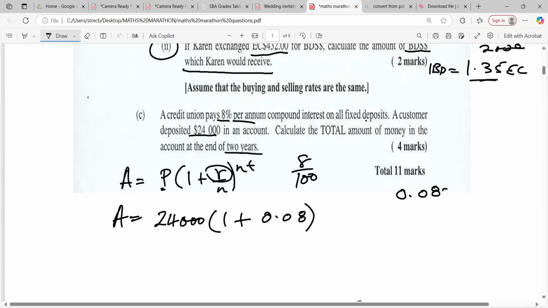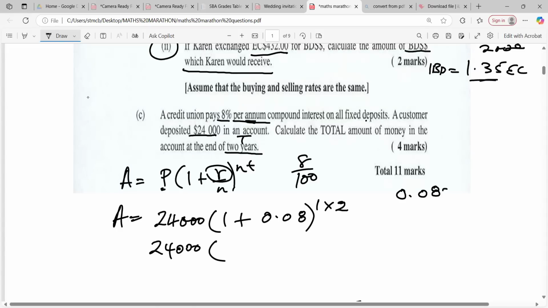All right, let's say that it compounds annually. That means it will compound only one time per year. And of course we're going to times it by the time, which is T. Now T would be 2 years, right? So you use a calculator now. You actually have to work out this portion first.